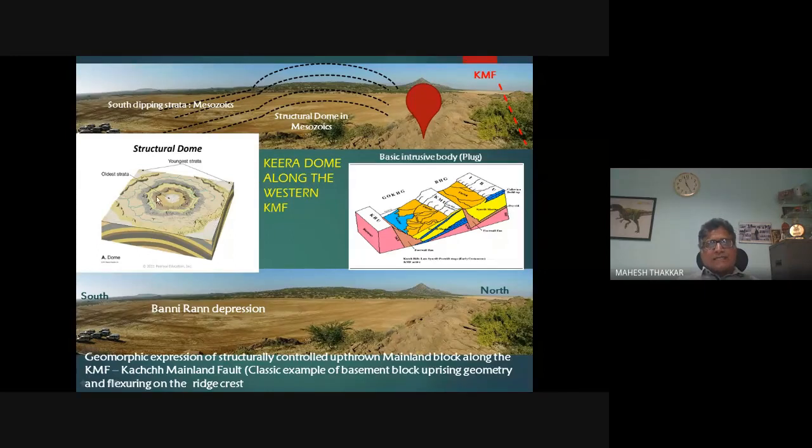Okay, and it is dissected by several transverse fault systems across the strata. This is the distant view of the dome, and there is another hill. From the distance, you can see that it is actually a basic intrusive body. Okay, it's a basaltic part, and it is abutting to the north by the Kachchh Mainland Fault.